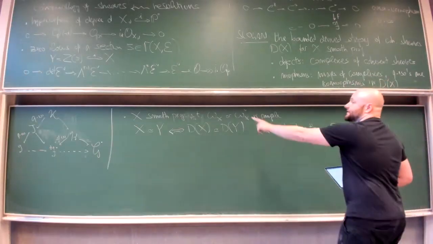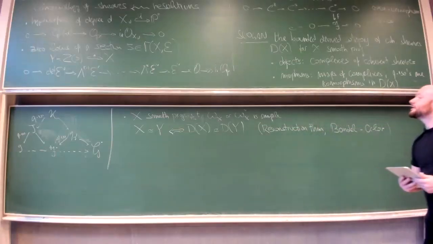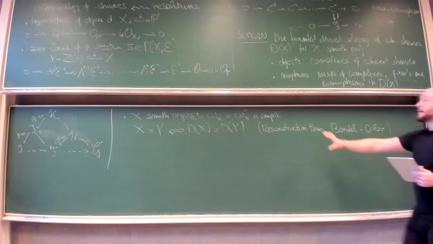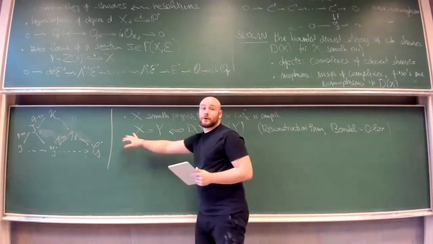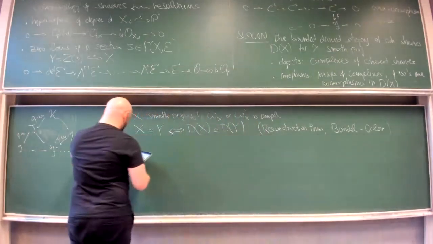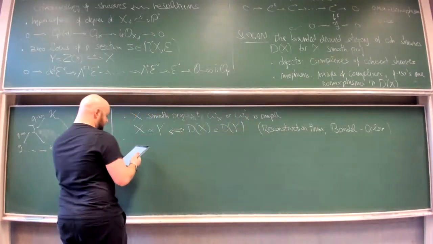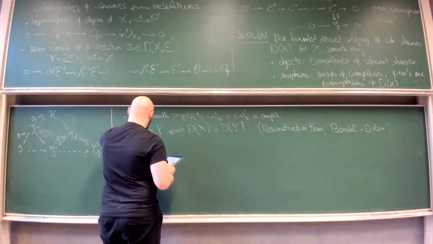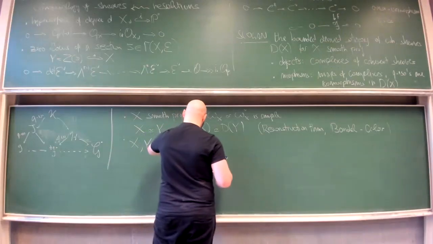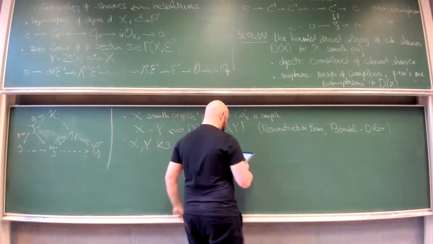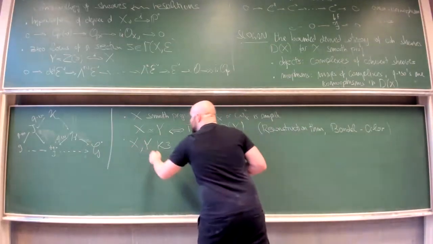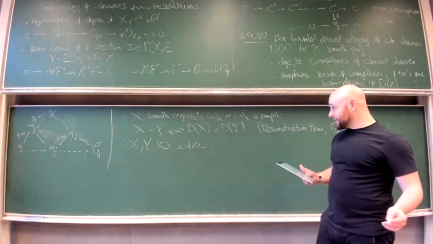Okay. So then you have this result for smooth projective varieties of general type, and basically this tells us that the derived category is an invariant up to isomorphism, which is quite a powerful thing, actually. But then, if you consider K3 surfaces, let's take two varieties, X and Y, and assume they are K3 surfaces, then you have that there exist situations where they are derived equivalent but not isomorphic.